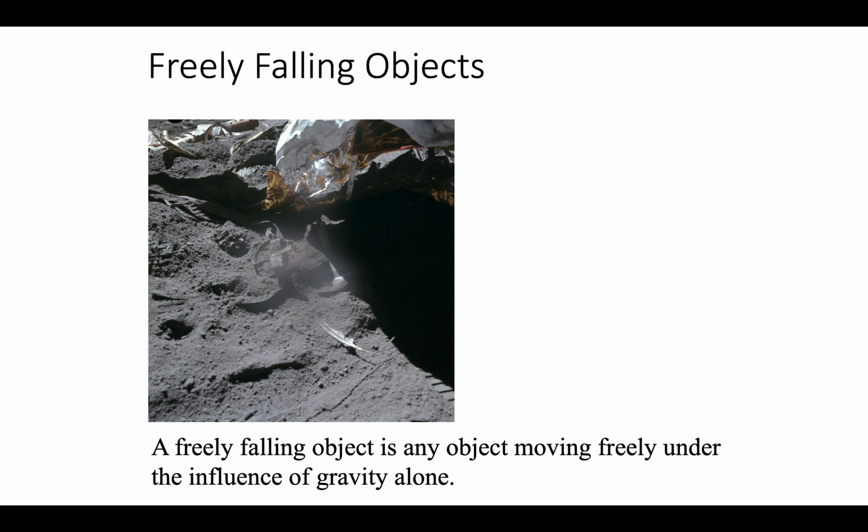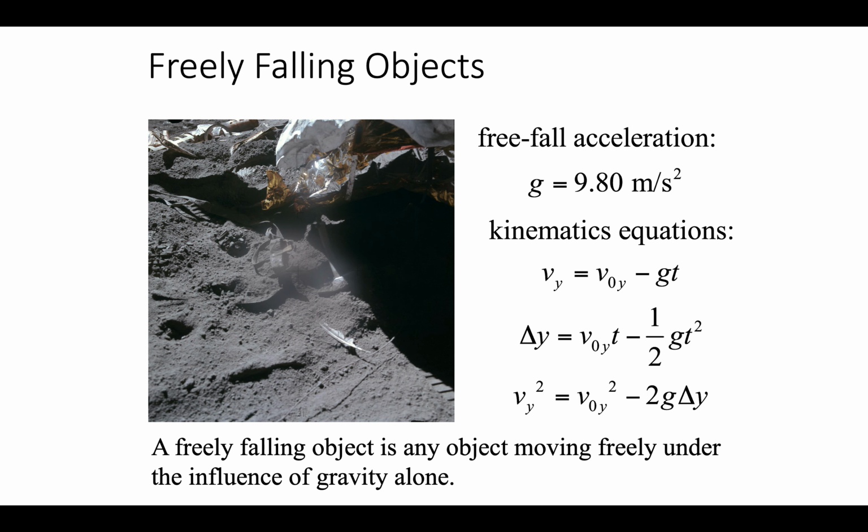So we're going to look at a freely falling object on Earth that's moving freely under the influence of gravity alone. And on Earth, that free fall acceleration is 9.80 meters per second squared directly downwards towards the Earth. And that's the approximation we're going to make. We're going to normally, not always, but at first, ignore any kind of air friction that reduces that gravitational acceleration.